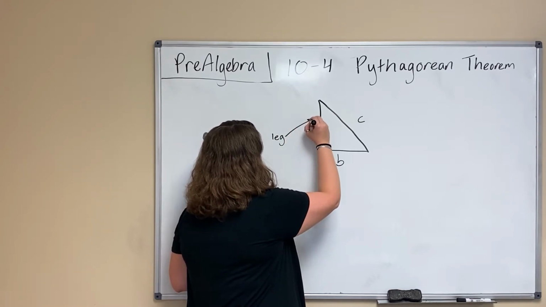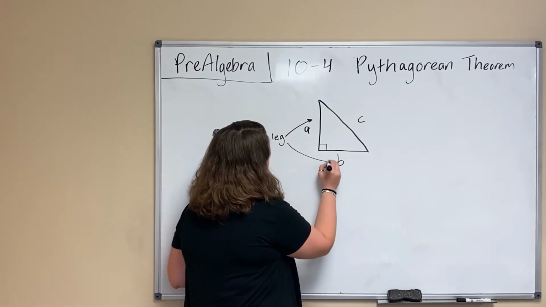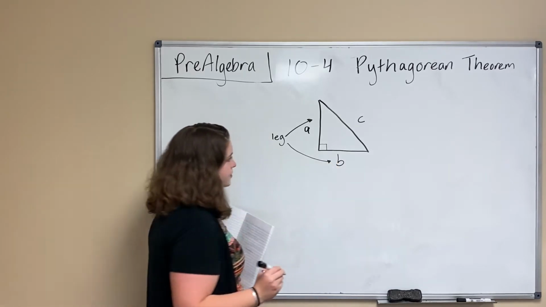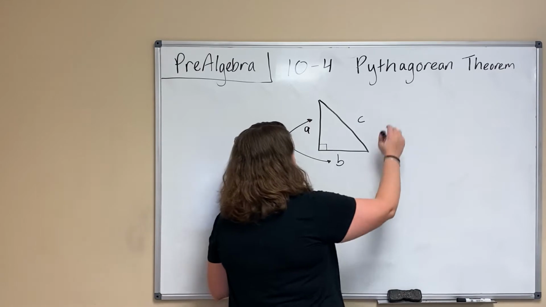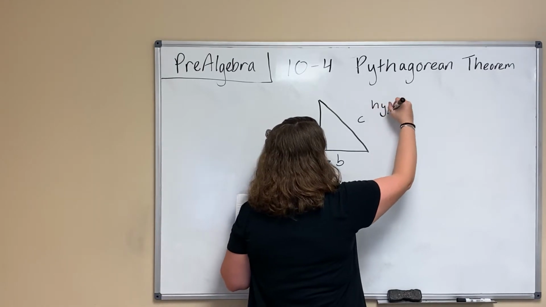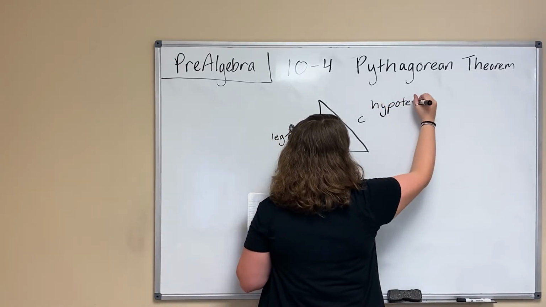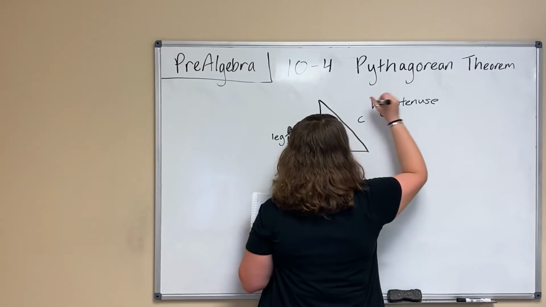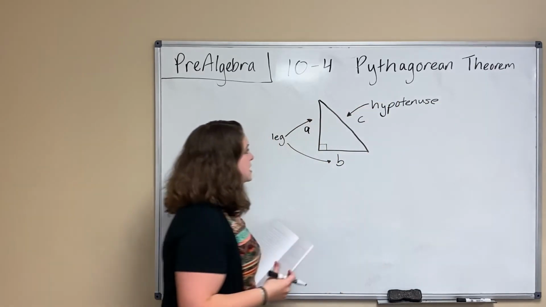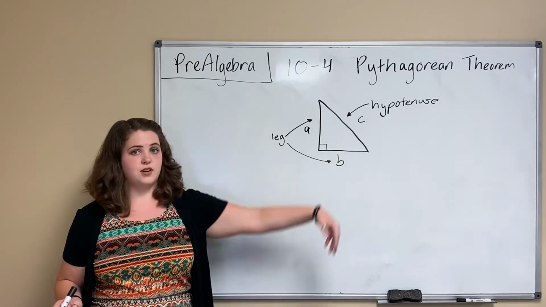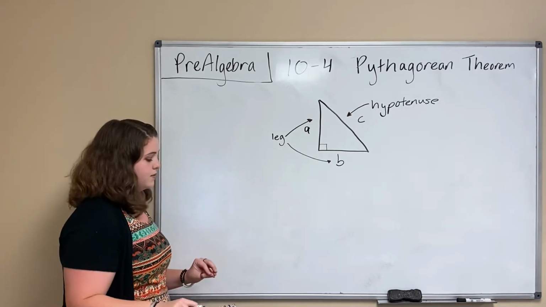So we have leg A and leg B here. The short sides are called legs. The long side is always called the hypotenuse. That's a really big, funny word, hypotenuse. It just means the long side of a right triangle.